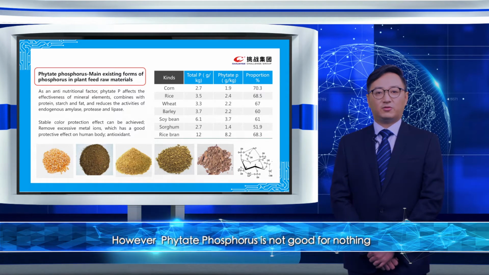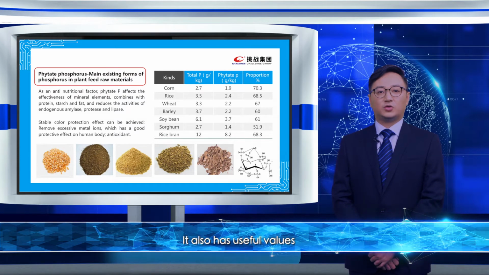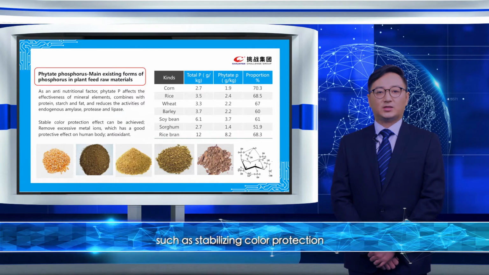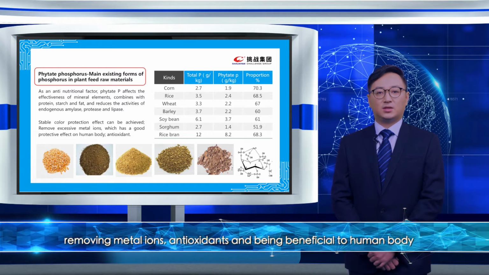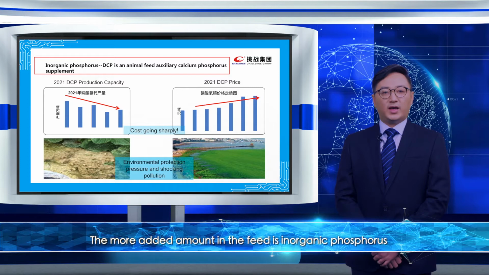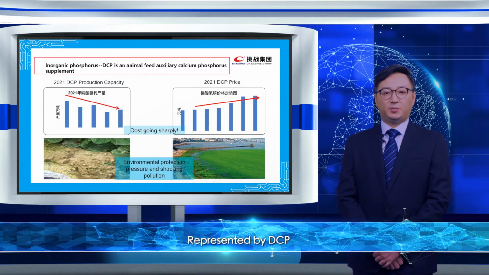However, phytate phosphorus is not good for nothing. It also has useful value, such as stabilizing and protecting, removing metal ions, antioxidant effects, and being beneficial to the human body. The more commonly added source in the feed is inorganic phosphorus, represented by DCP.